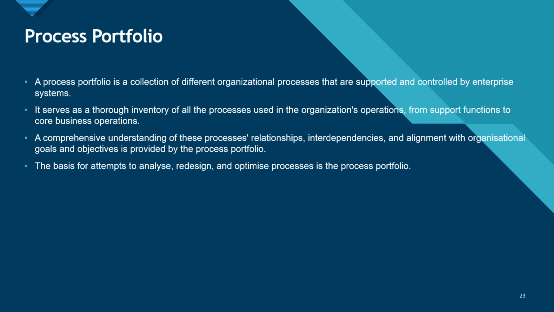A comprehensive understanding of these processes, their relationships, interdependencies, and alignments with organizational goals and objectives is provided by the process portfolio. So basically, it serves as the inventory of the processes used in the organization's operations, from support functions to core business operations. And lastly, I would like to show you the process portfolio of a financial institution.